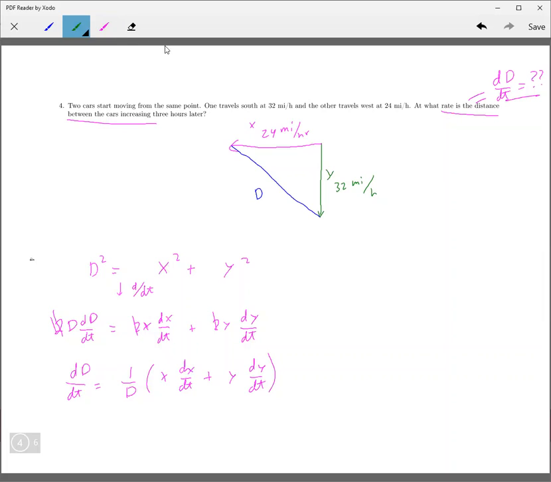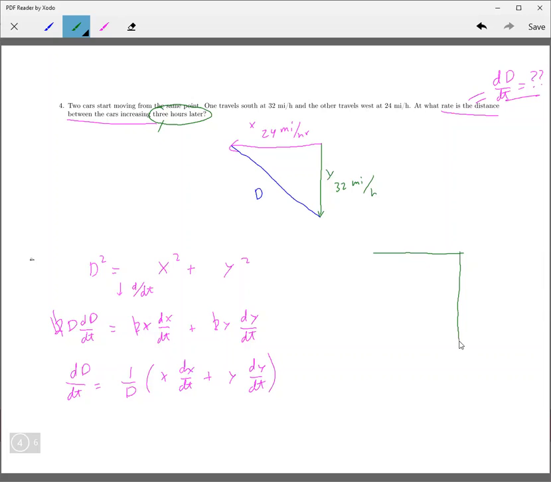So the key here is that these are traveling at constant rates. The key here is 3 hours later. Okay, so if you're traveling 32 miles per hour for 3 hours, that's going to be 96.